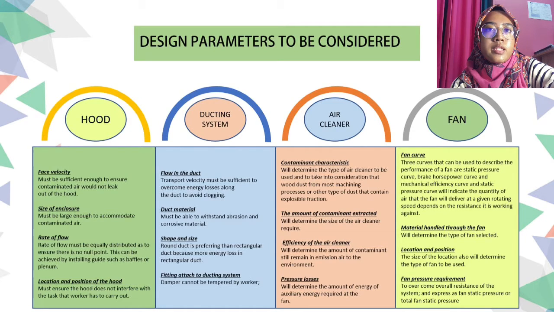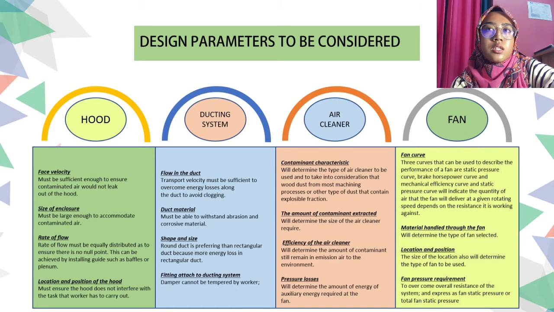This can be achieved by installing guides such as baffles or a plenum. The location and position of the hood must ensure the hood does not interfere with the task that the worker has to carry out.